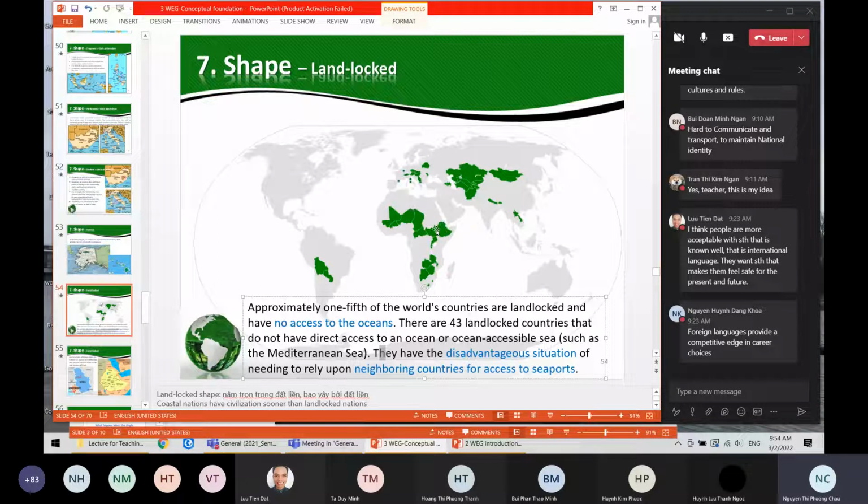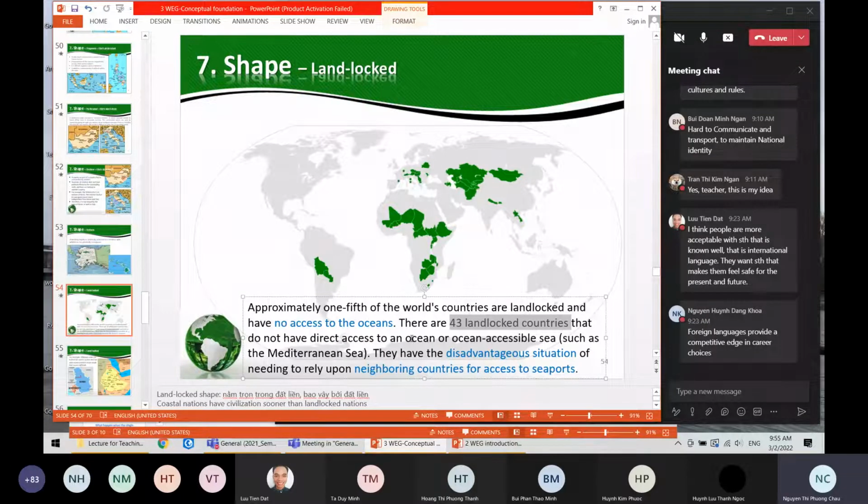In the world global economy, there are 43 landlocked countries, like in a map shown like that. With this, we can see the coastal nation supports the landlocked nation as well.